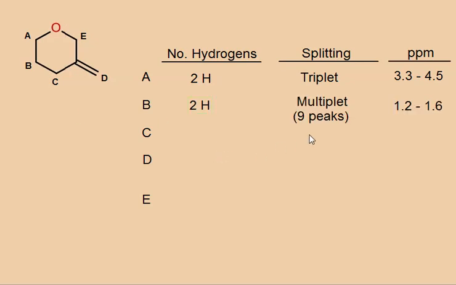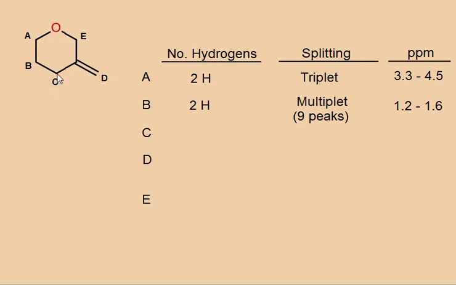So we could get up to about 9 peaks in total for the hydrogens on carbon B. Probably only about 6 or 7 peaks, as some of those peaks merge with shielding and de-shielding effects from the second set of non-equivalent hydrogens. And we'd see that peak about 1.2 to 1.6.